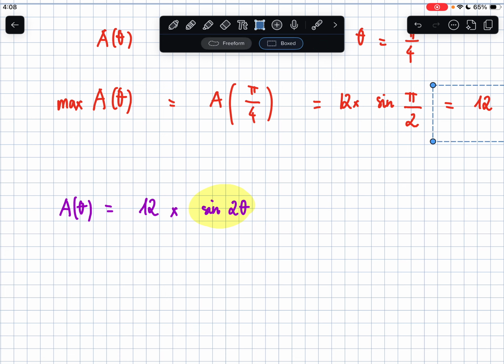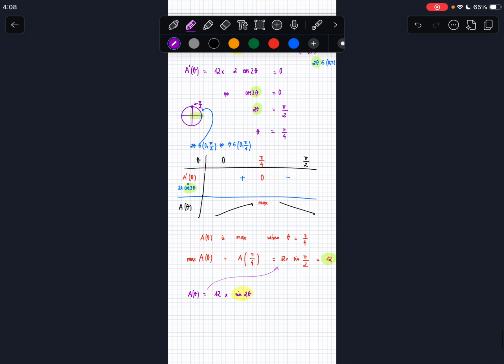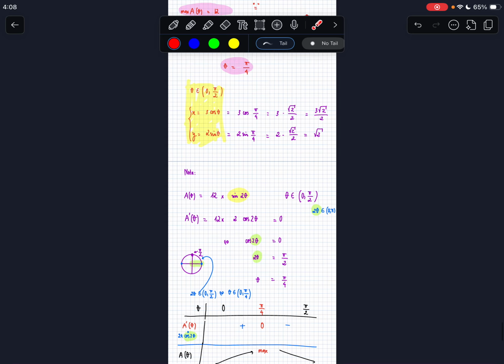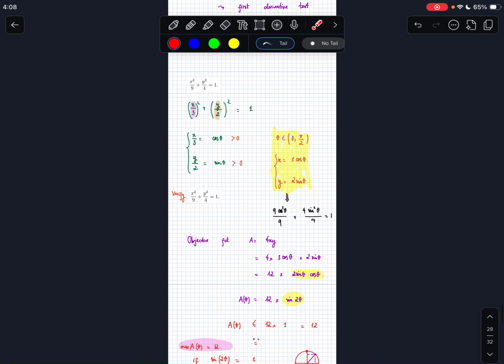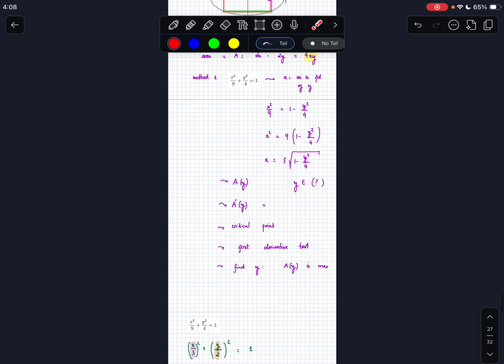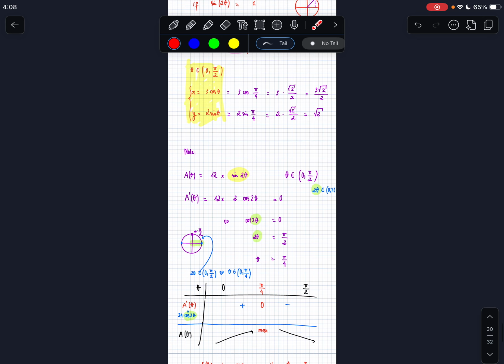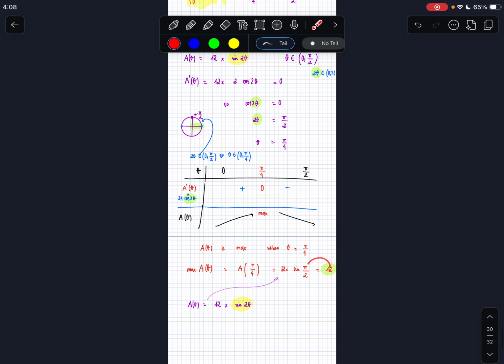So that's why the maximum is 12, as we said. I don't know whether it's worth changing to trigonometry, whether you like to do all of these radicals or square root functions, or you like to do it with theta. But either way, we should have max area 12.